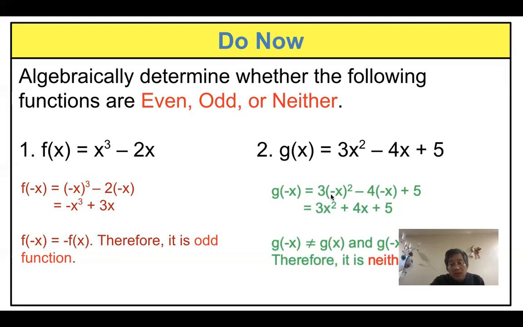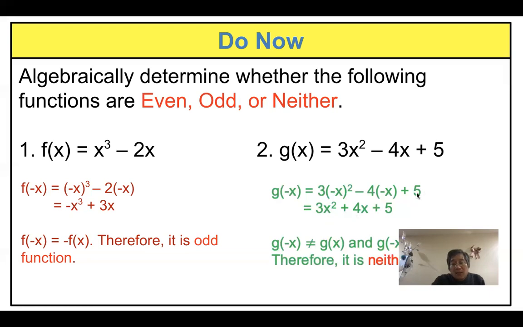So g of negative x is 3 times negative x squared minus 4 times negative x plus 5, and then simplify. Negative in the even power becomes positive. So again, 3x squared, minus negative becomes positive 4x, and plus 5, there's nothing to replace, so just 5 as it is.